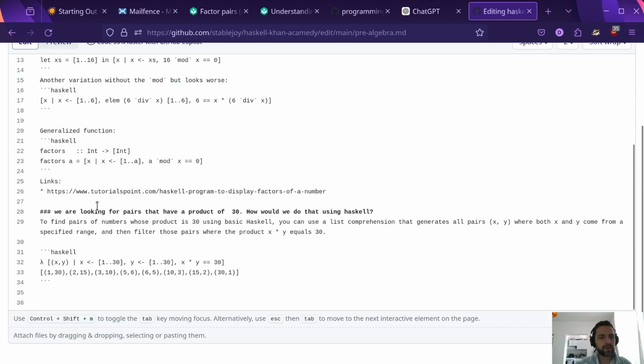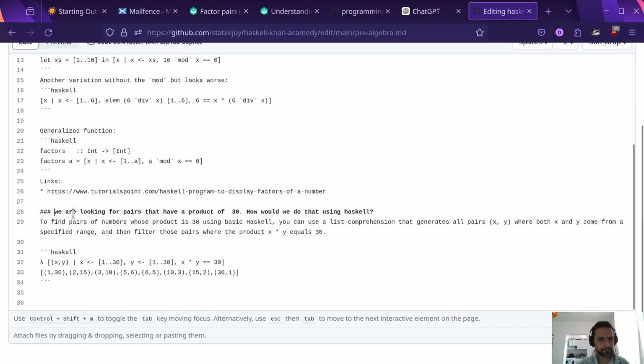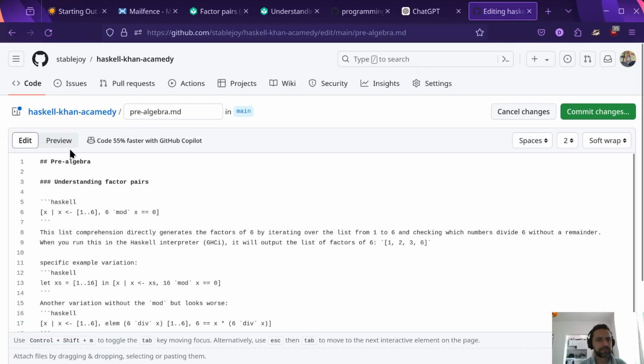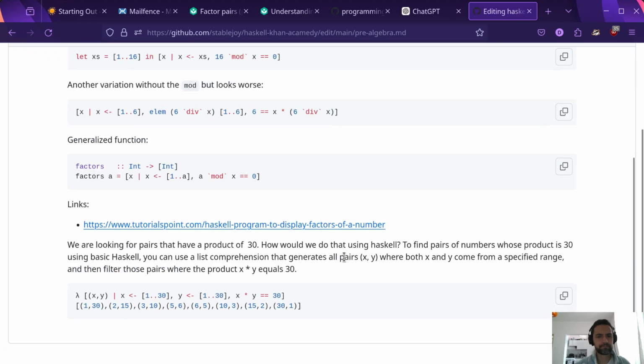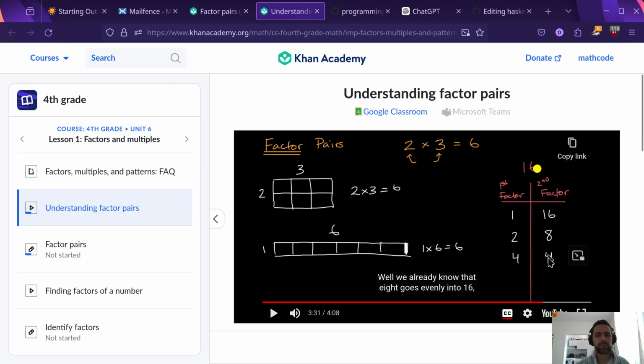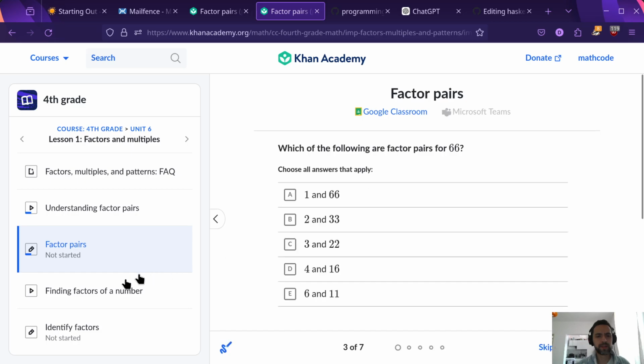Understanding factor pairs. Exercise. Finding factors of a number.